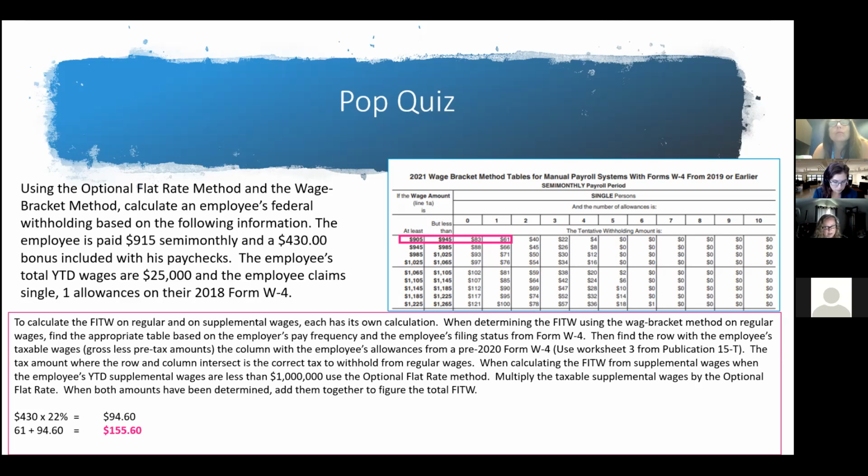We are not using the aggregate method on this example. So we're doing both the optional flat rate and the wage bracket. So we're going to take his $61 that should have been withheld from his regular payroll, and then we're going to use the optional flat rate method on the bonus. So we calculate 22% of his $430 bonus. We get $94.60. Add that to our $61 and we get $155.60.